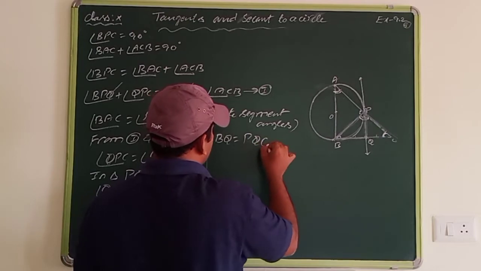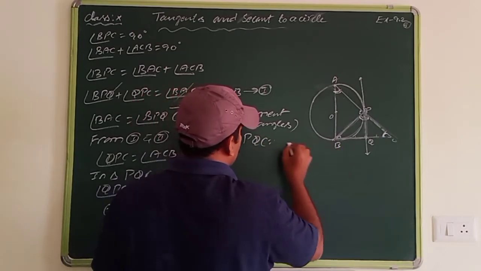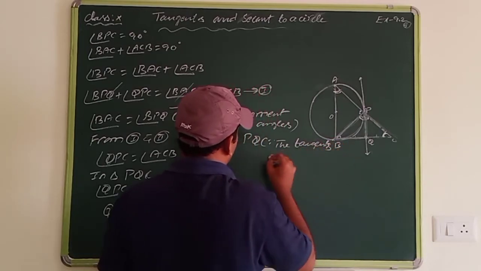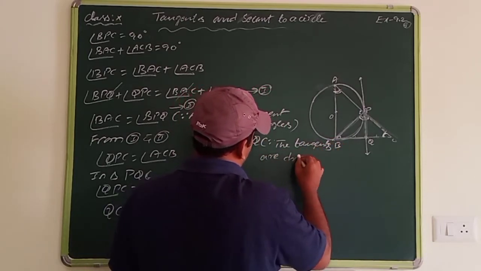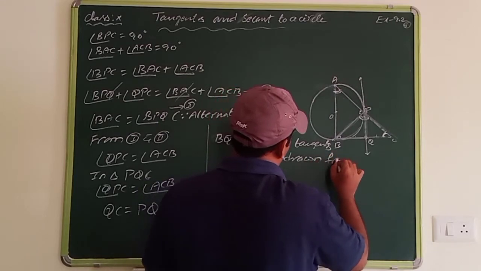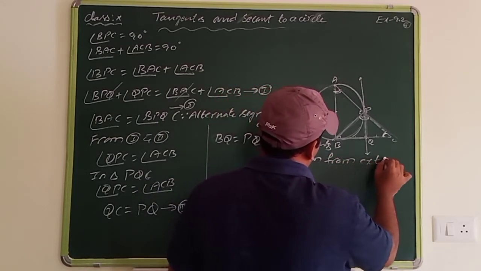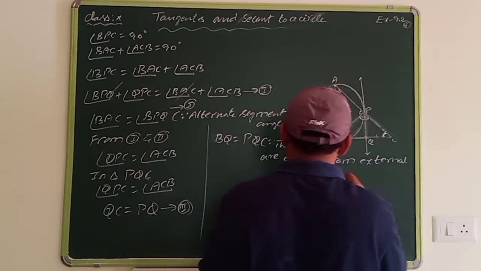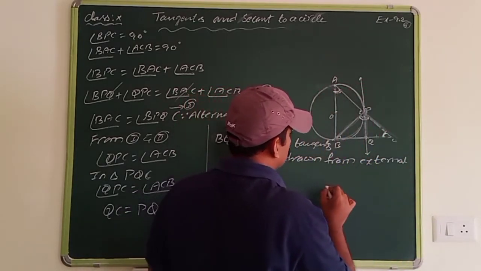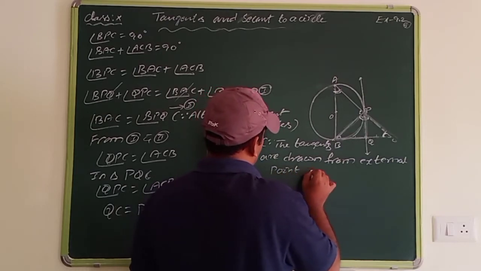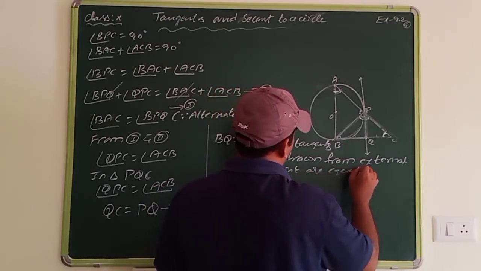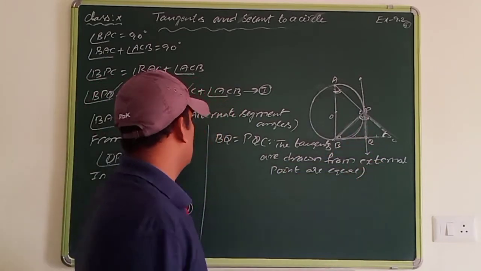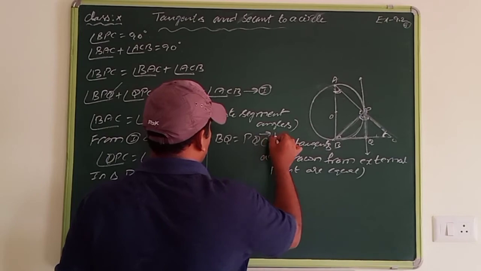The reason is, since tangents drawn from an external point are equal. So that is theorem 9.2. From theorem 9.2 we write these two are equal. So take this as condition number 4.